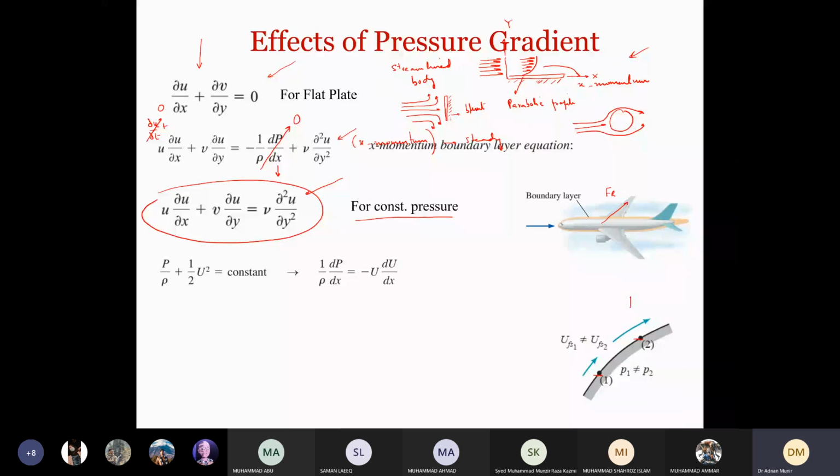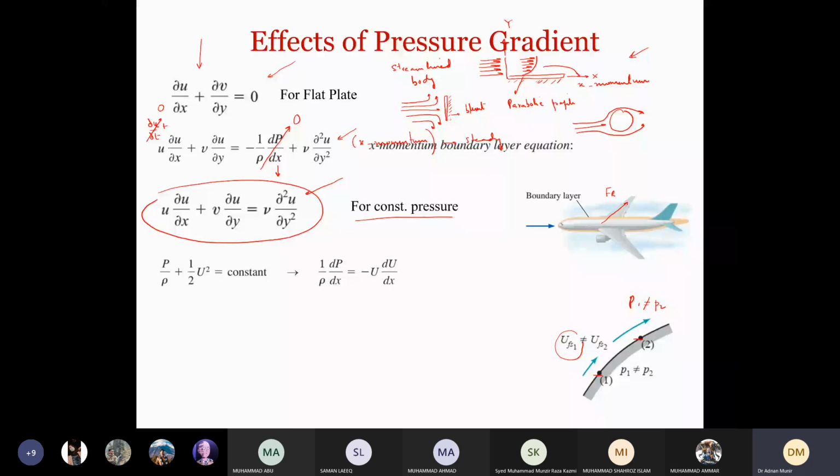If P1 is not equal to P2, then the corresponding velocities U_FS1 at 1 and U_FS2 at 2 will also not be equal to each other. This is when we have pressure gradient. Because of the pressure gradient, the pressures at 1 and 2 are different, and as a result the velocities will also be different. We'll be discussing this in detail in today's lecture.